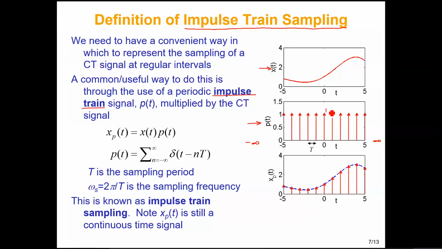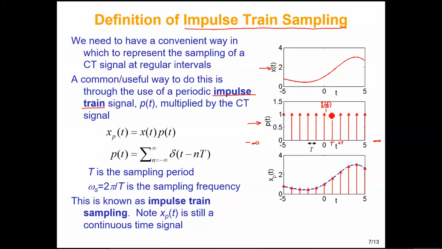You can see that these are all delta t's, which are shifted and have a spacing of T in between. So one lies at 0, one at T, one at 2T, and like that it goes on. So the duration between these impulses is equal to time period T. What is that time period? That is our choosing. We can select any time period. So an impulse train is an infinite set of impulses spaced at time period T.